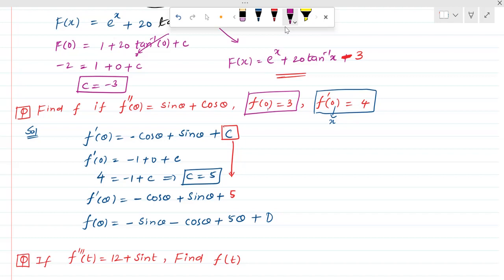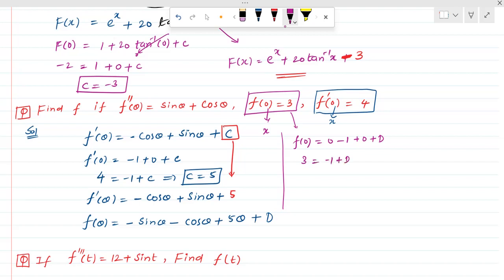So what is this one? X is equal to 0. So f of 0 is equal to minus sine 0, which is 0, minus cosine 0, which is 1, plus 5 times 0, which is 0, plus d. But what is this value? It is 3, so 3 equals minus 1 plus d.